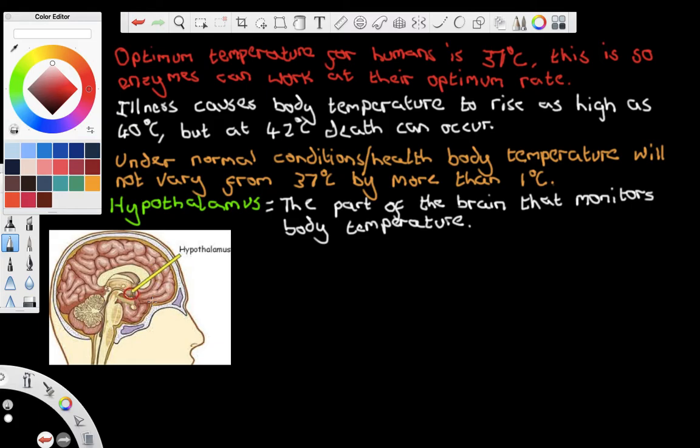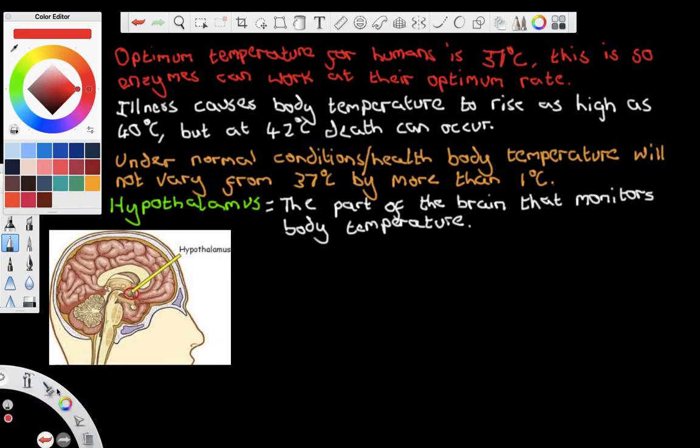If your blood is too hot, it will bring about changes that cool you down. If your blood is too cold, it brings about changes that warm you up. Now, the hypothalamus sends messages via the nervous system. So it is controlled by the nervous system.